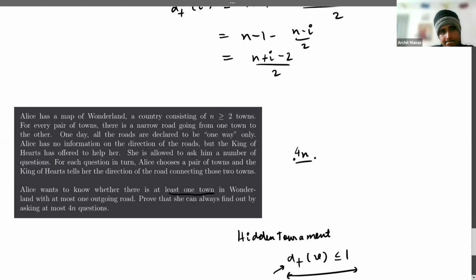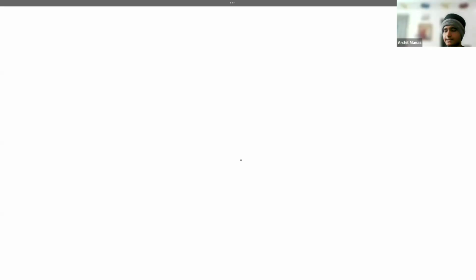My first thought is that we already have bounds on the out degree of a vertex. So maybe we just ask questions about one of them and try to bound that vertex, and maybe that gives us some information we can work with. Okay. So the problem with these strategies is that the adversary does not have to cooperate, and whatever vertex you choose to do that strategy from could just be a really bad vertex. And then it's not so helpful.